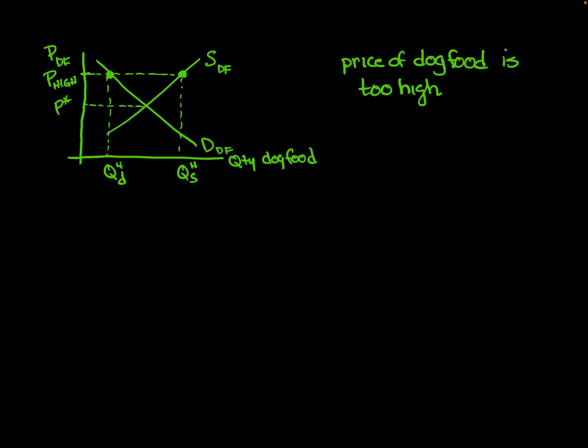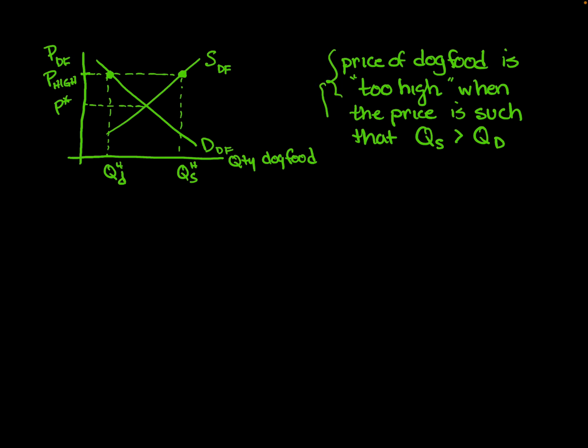The price of dog food being too high is going to occur when the price is such that the quantity supplied of dog food is bigger than the quantity demanded of dog food. And saying the price of dog food is too high is the same idea as saying dog food is overvalued.